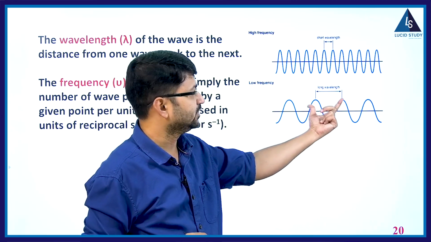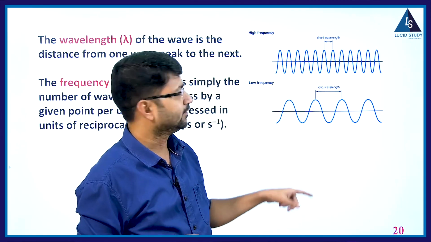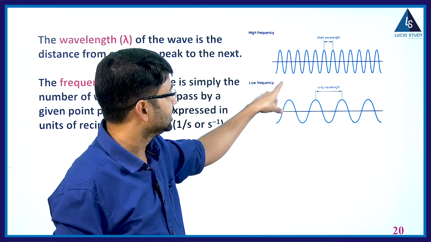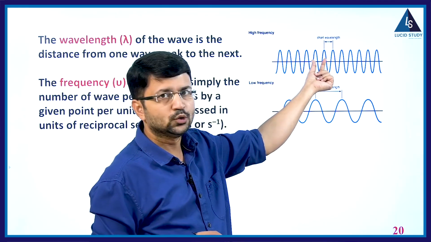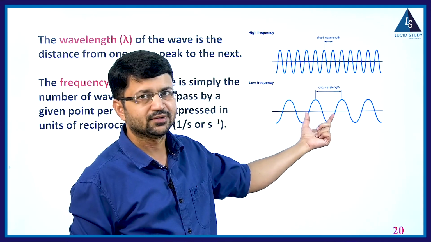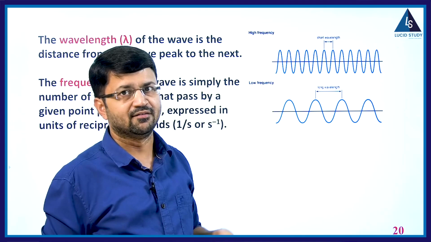The distance between the two peaks of the wave is called the wavelength. In the case of this first image, the distance between the two peaks is less, means short wavelength. Here the distance between the two peaks is high, means long wavelength.